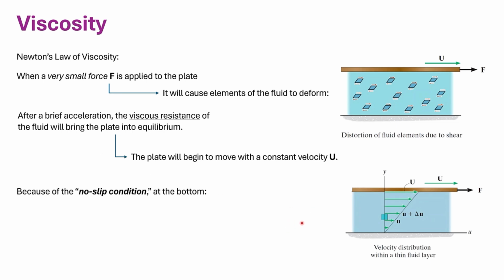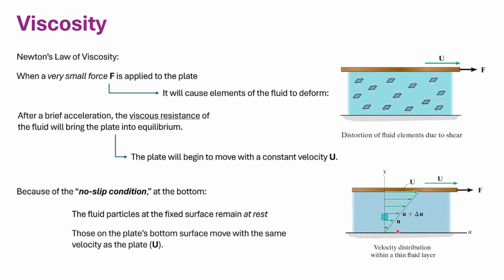Because of the no slip condition at the very bottom, the fluid particles at the fixed surface remain at rest. And those on the plate's bottom move with the same velocity as the plate, u.